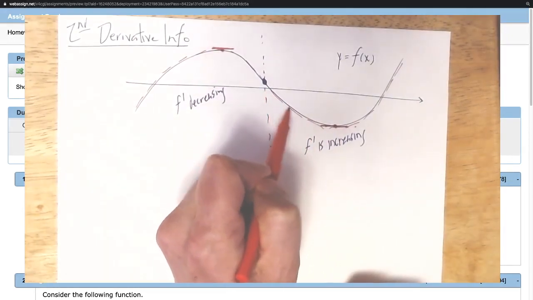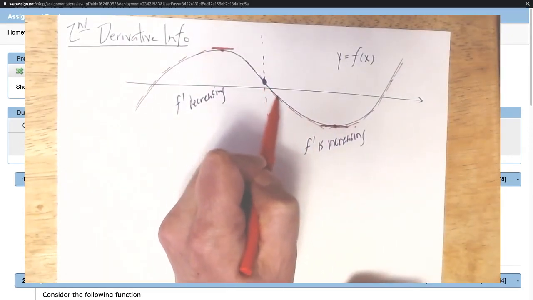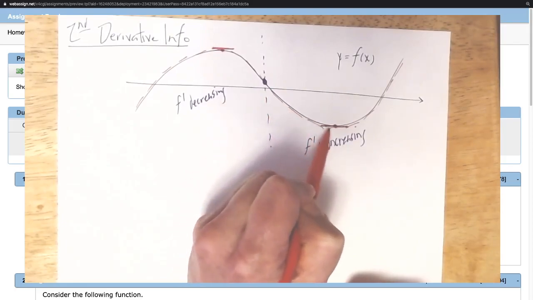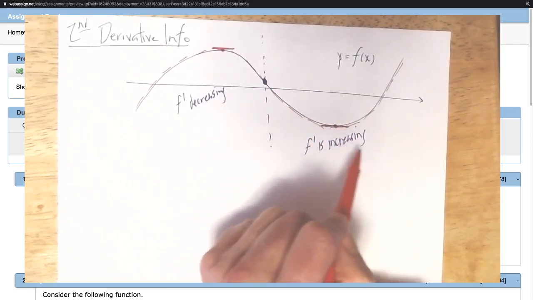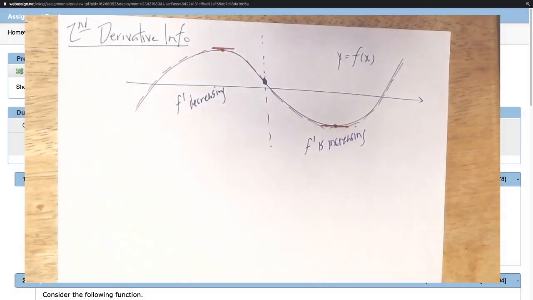But what I want to point out now is that after this point, the slopes start increasing again, and of course that means that f prime is increasing, because f prime is the slope of the tangent line. So now if you relate this back to some of the ideas we talked about when we were talking about increasing and decreasing functions, what does it mean when we say a function is decreasing?